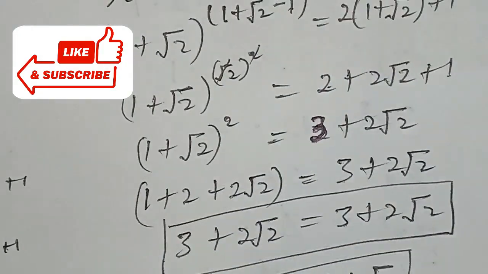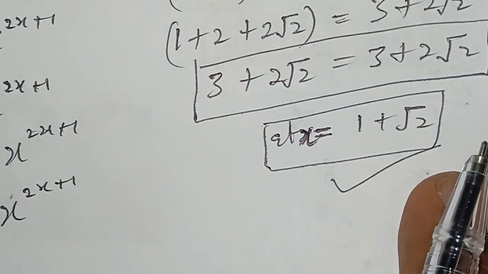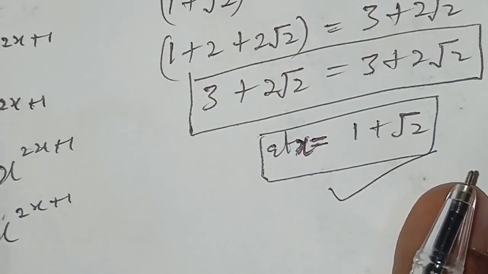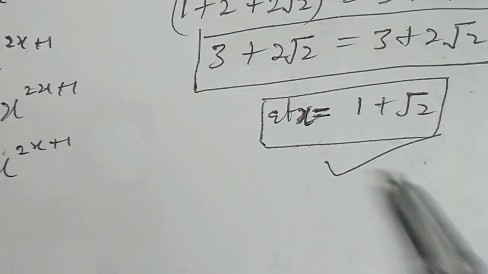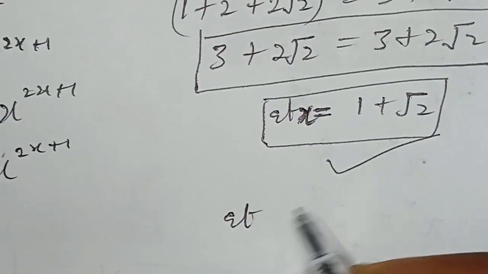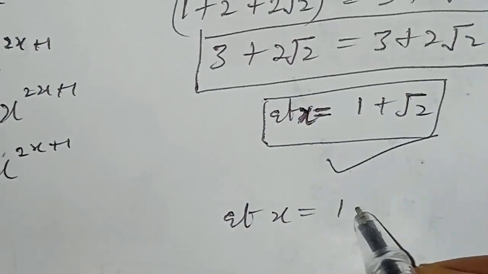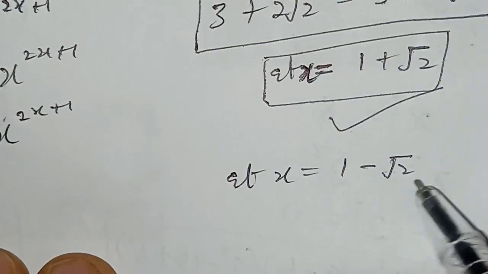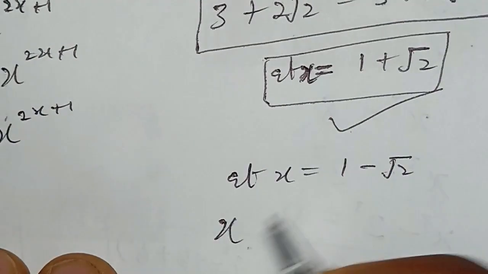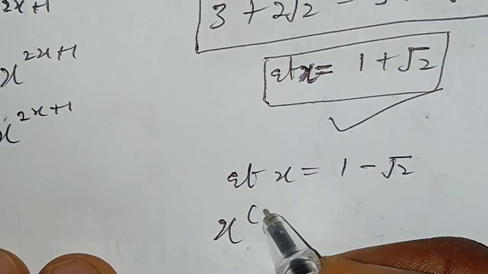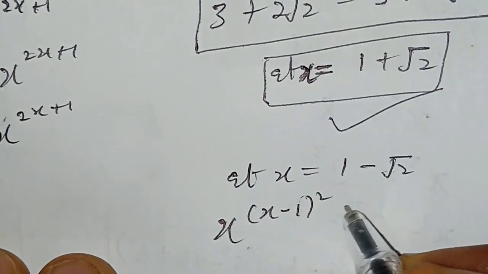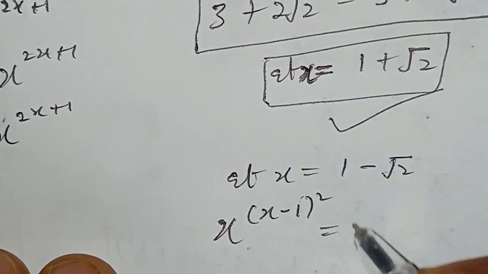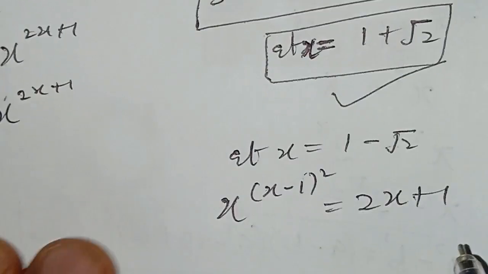So considering the second value of x, at x equal to 1 minus the square root of 2, putting this value of x into our expression, which is x into bracket to the power of x minus 1 squared equal to 2x plus 1.